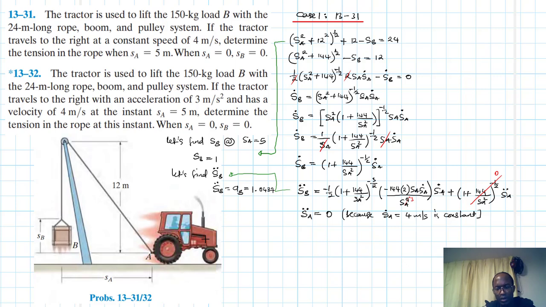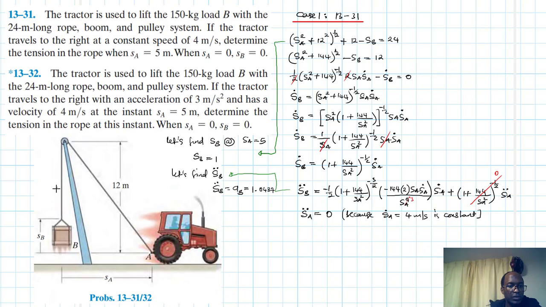Where did I go wrong? Again, I repeat. 144 divided by 5 squared plus 1 to the power minus 1.5. There and there it cancels out. Then times 144 times 4 squared divided by 5 cubed. 1.0487. Right, so this is our AB.